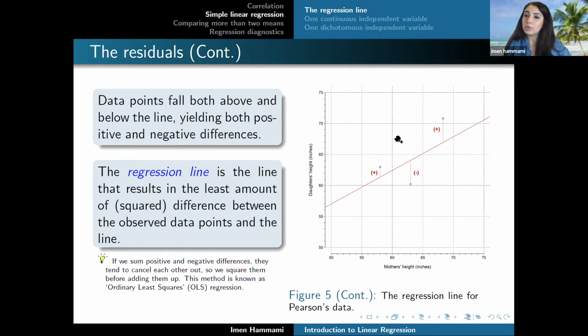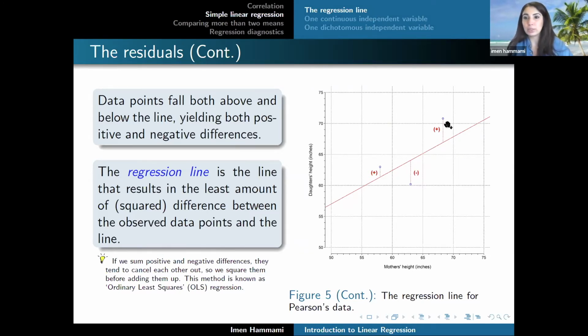Anyway, the software is going to minimize those errors, but it's going to square them. If you had any stats lectures at all, you've probably heard of sum of squares. The idea behind squaring the differences is that if you add a minus to a plus, they can cancel each other out.